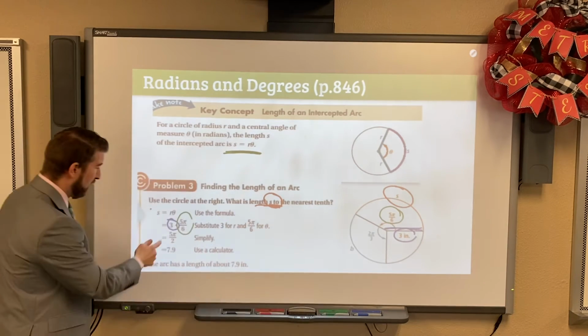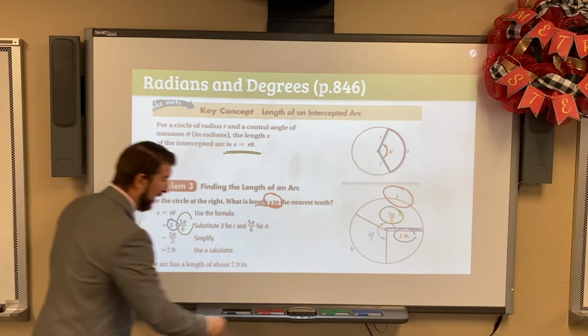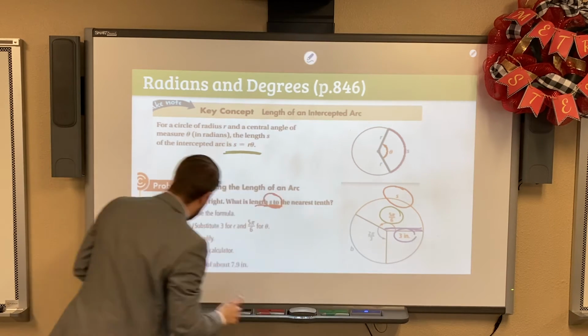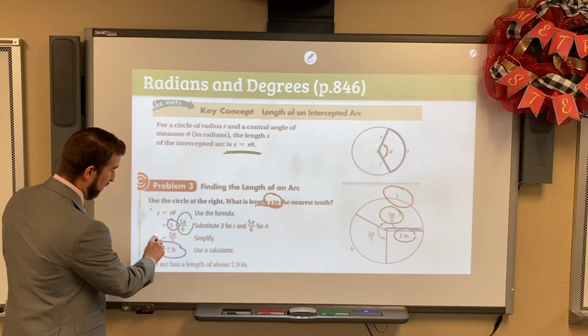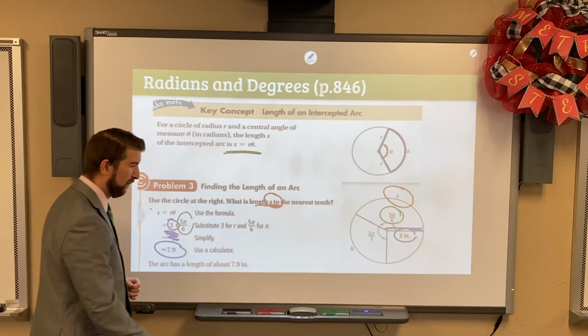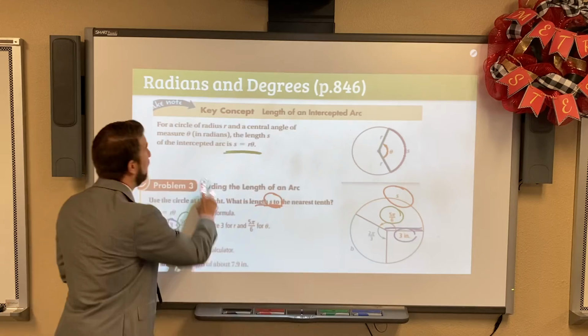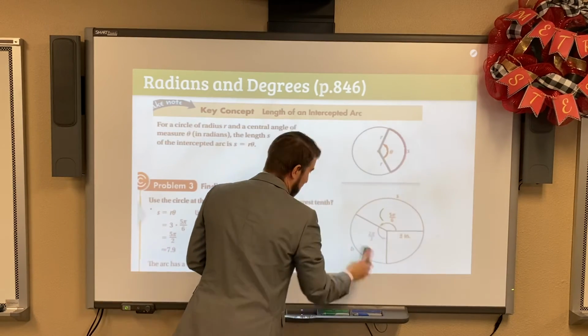And that gives me 5 pi over 2. And if I wanted a decimal answer, it's 7.9. Once you plug this in, it will actually probably skip this step and just give you approximately 7.9. All right, that is it for the lesson.